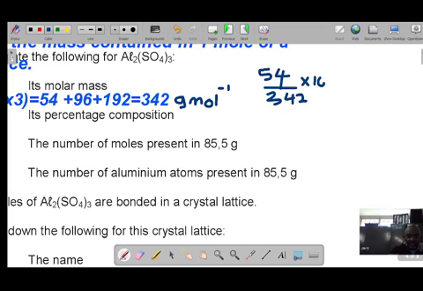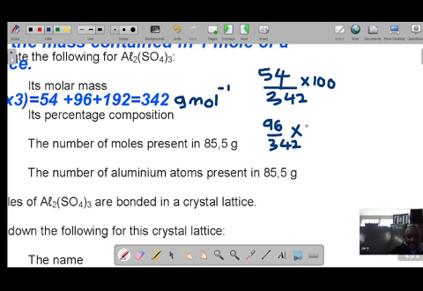Which answer do I get here? You can compute that for me meanwhile. Then for sulfur, it's going to be 96 divided by 342 multiplied by 100 as well.